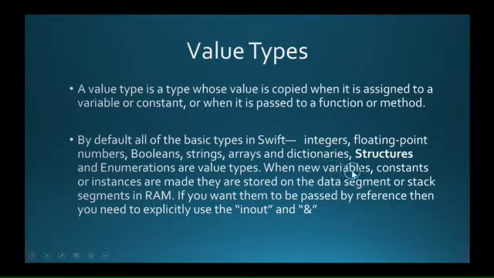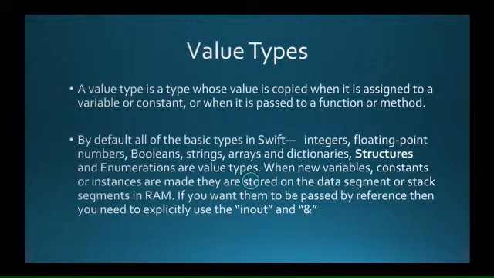When new variables or constants or instances are made, they are stored on the data segment or the stack segment in the RAM. So by default, integers, floating points, doubles, booleans, strings, arrays, dictionaries, structures, and enumerations are value types.